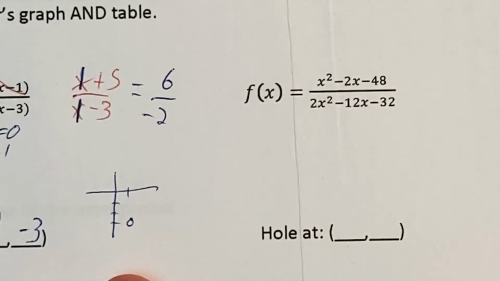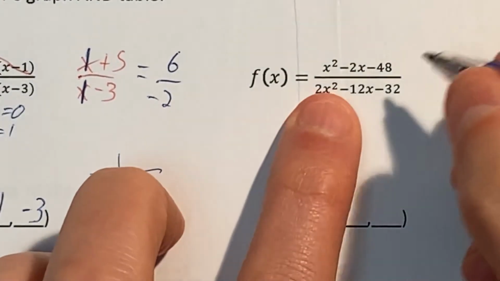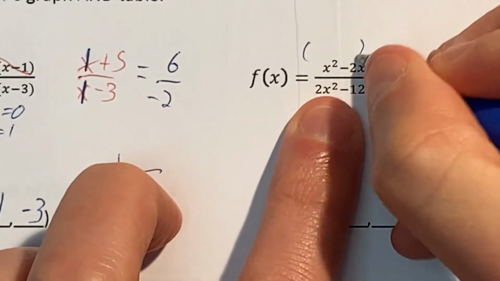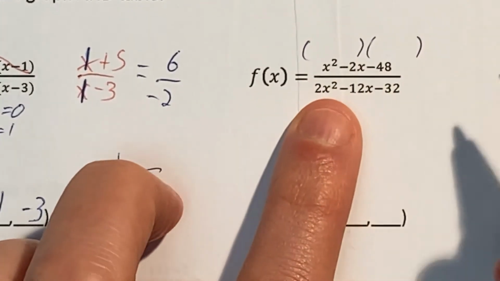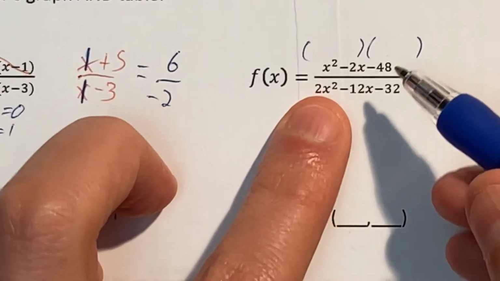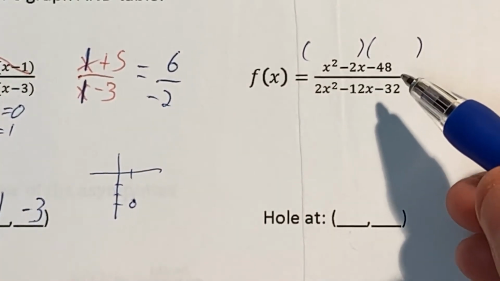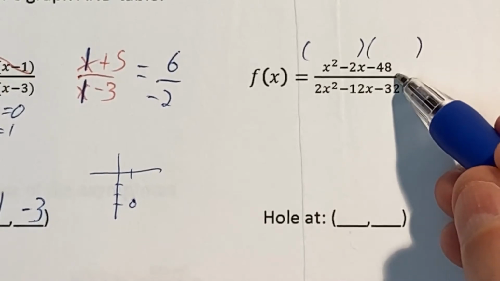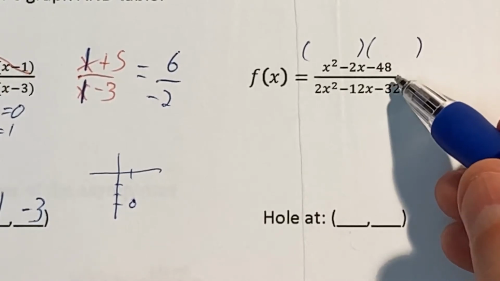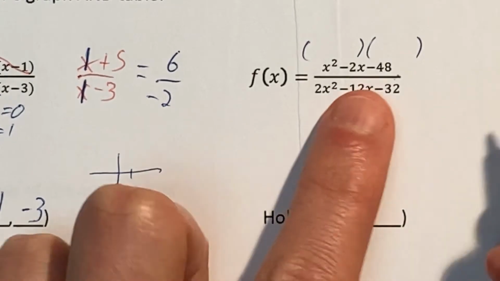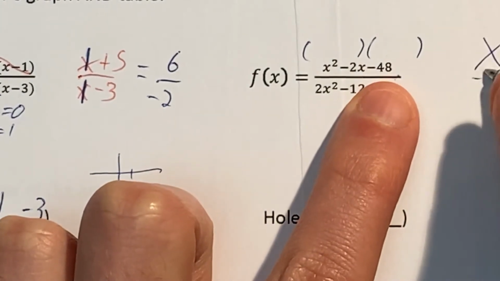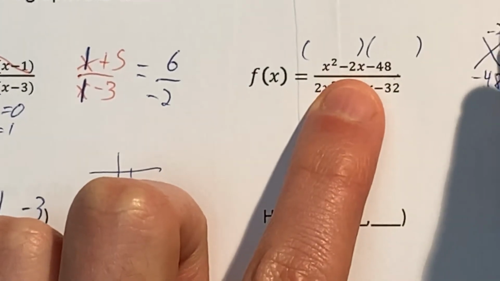Okay. Lastly, here, it looks like the top is factorable. How do I know that? Because I would not give you a problem that's not factorable, because that's the whole point of this unit. I mean, it's because of my knowledge of math. What multiplies to negative 48 and adds up to negative 2?